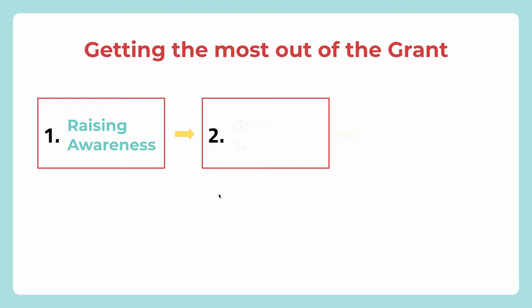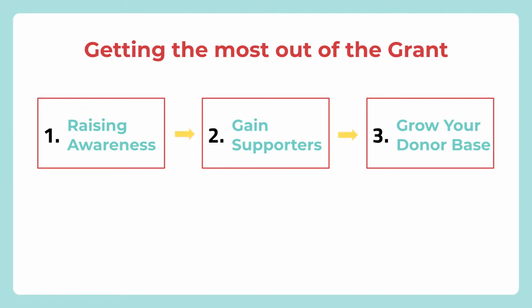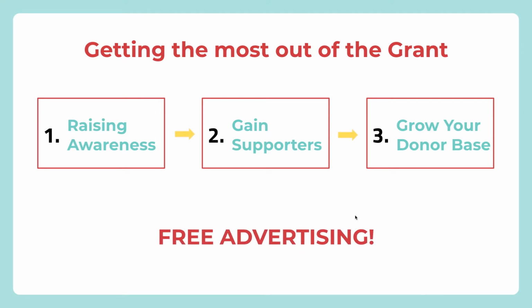Through this engagement and the fostering of these potential donor relationships, you give yourself the best chance of converting these supporters into regular donors. But let's also not forget that one of the greatest benefits of the grant program is its free advertising.